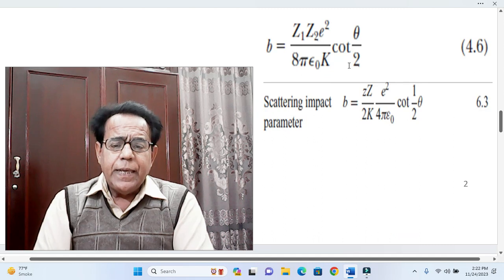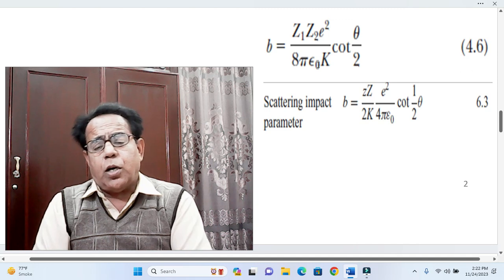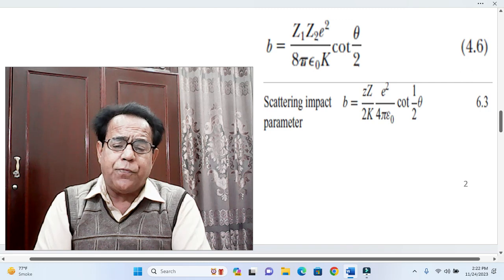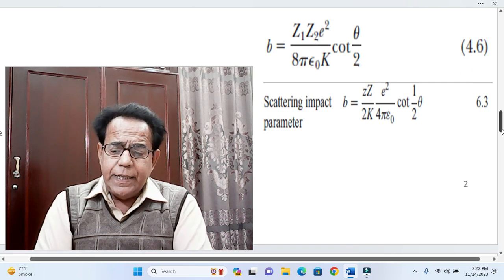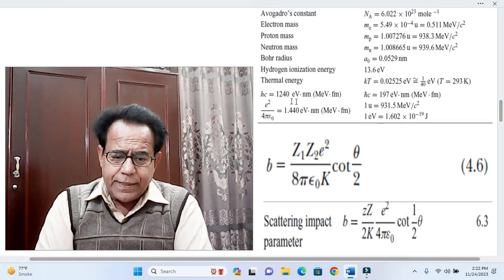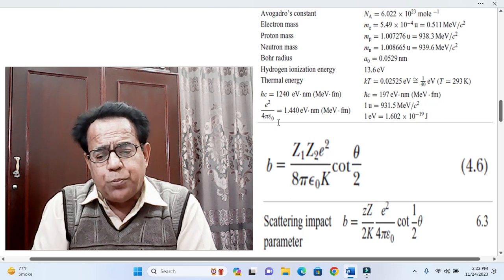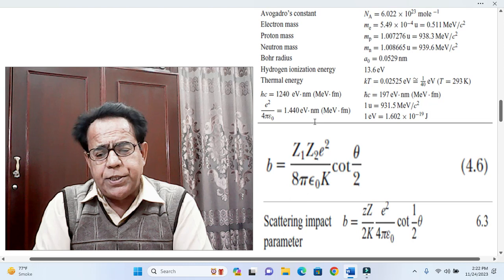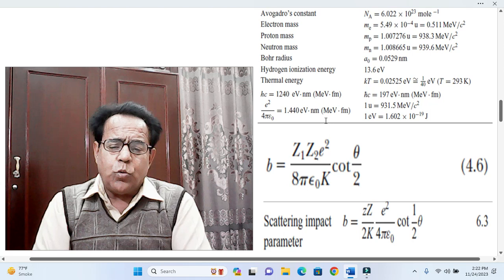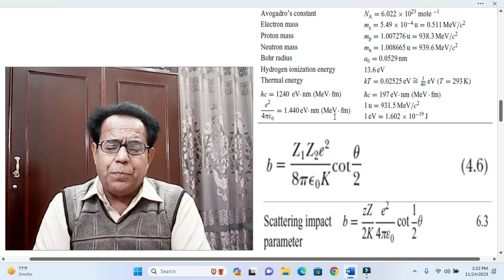Next, it is e squared over 8 pi epsilon naught. Dear students, in the same table, the value of e squared over 4 pi epsilon naught is also separately given. This e squared over 4 pi epsilon naught is equal to 1.440 electron volt nanometer, or million electron volt femtometer. Nano means 10 raised to the power minus 9, while femto means 10 raised to the power minus 15.